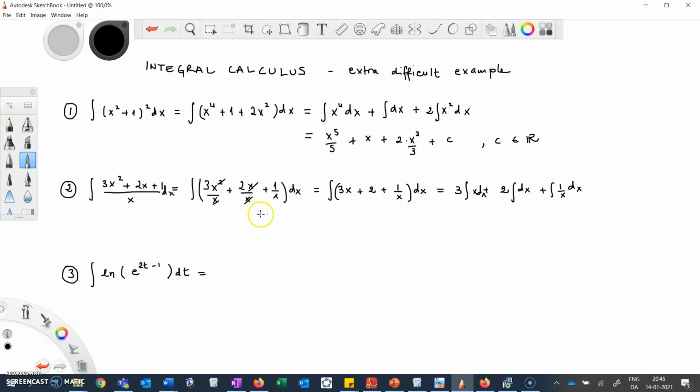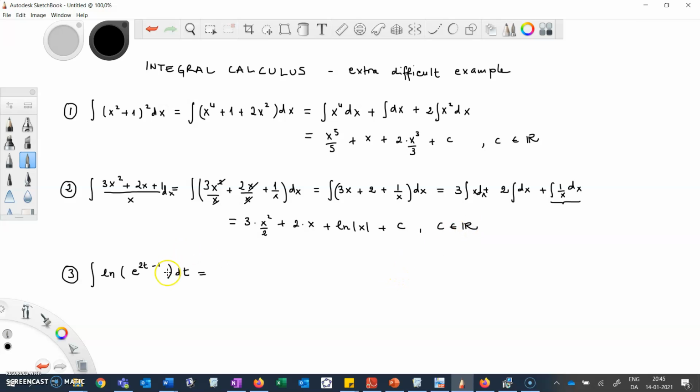And therefore, this is going to give me 3 times the integral of x, which is x squared divided by 2, plus 2 times the integral of 1 dx, which is actually x, plus a special one. This is the special power, because it's a power of -1, and therefore I remember that it's actually the natural logarithm with the absolute value of x. And then I have my usual constant c, where c belongs to R.